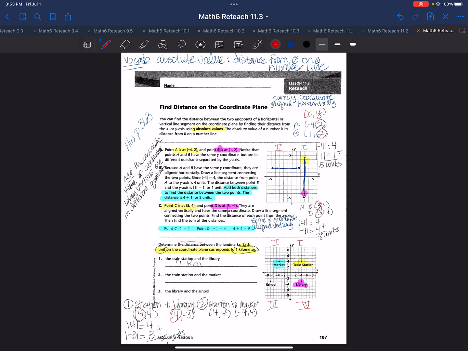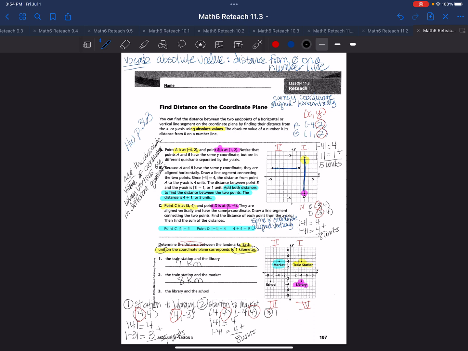So because the y coordinates are the same, then I need to take the absolute value of the x. So the absolute value of 4 is 4, absolute value of -4 is 4, and I need to add them because they're in different quadrants, and I get 8 units. So the units, remember, are equivalent to kilometers, so that would be 8 kilometers is the distance between the train station and the market.